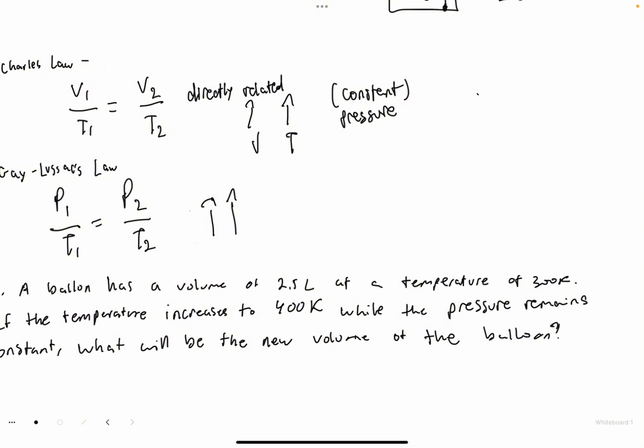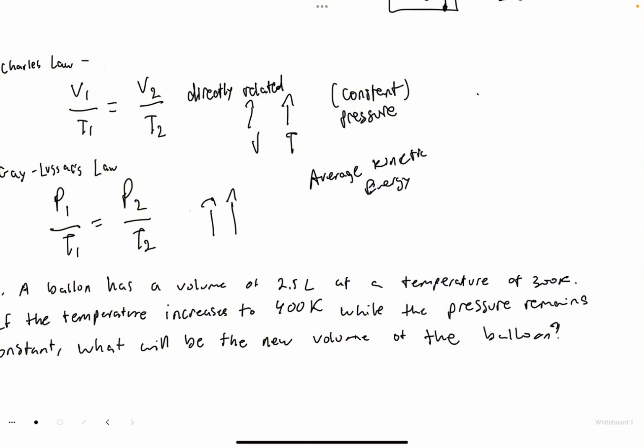why is it directly proportional? It's because we already know that pressure is collisions, and I've mentioned that multiple times in this video. But temperature is the average kinetic energy. And so if you have more of this energy, that means you're moving at a faster speed, and collisions would therefore be more sporadic.